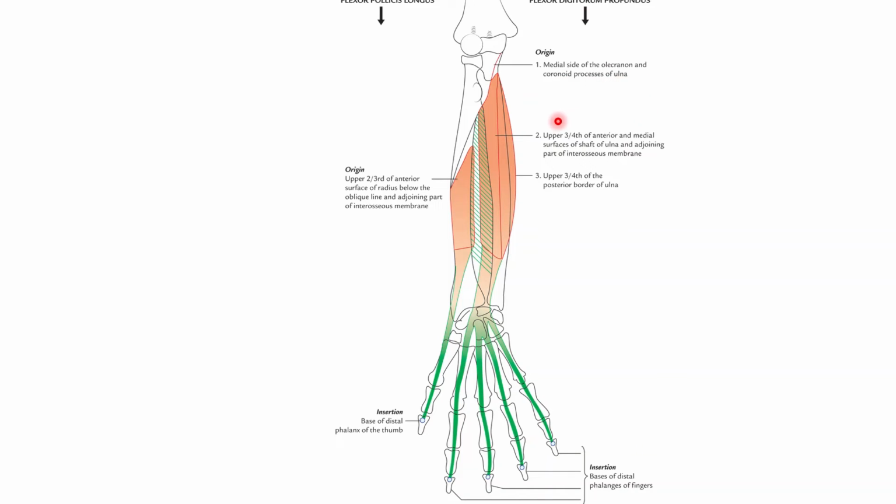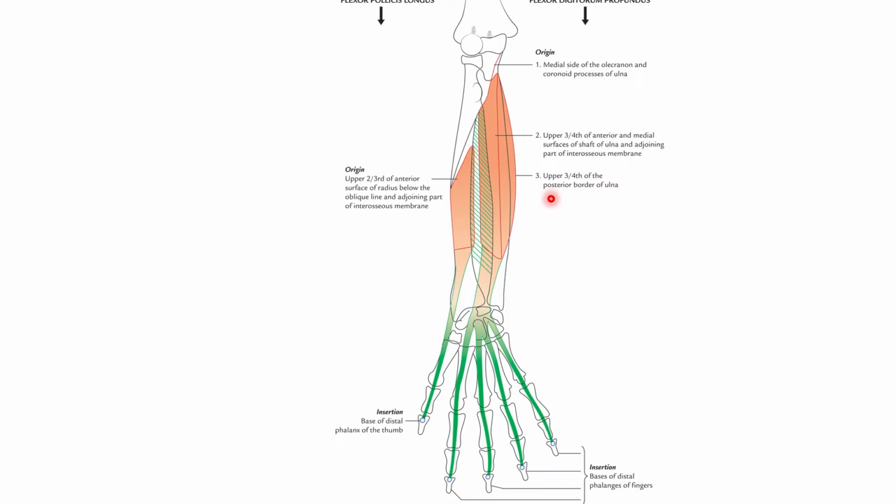The origin is from the upper three-fourths of the anterior and the medial surface of the shaft of the ulna along with the adjoining interosseous membrane, and also the contribution is from the upper three-fourths of the posterior border of the ulna. Yes, so this is about the origin of the flexor digitorum profundus.